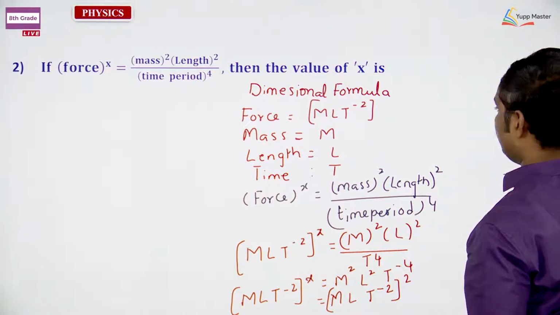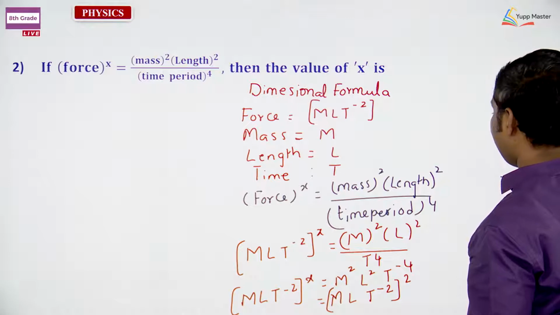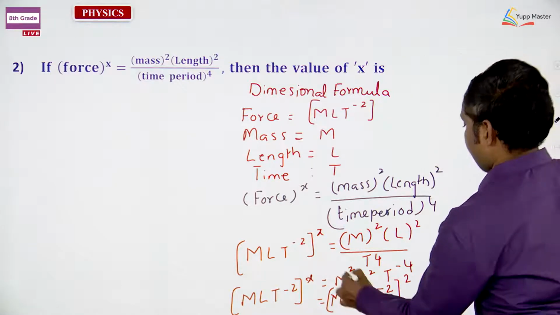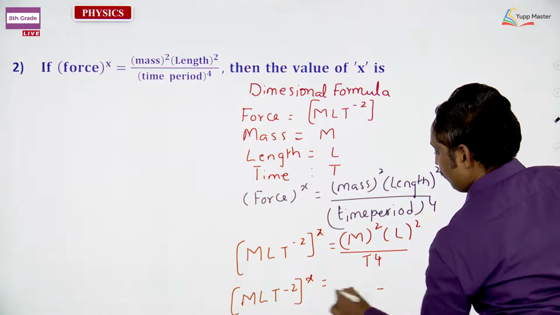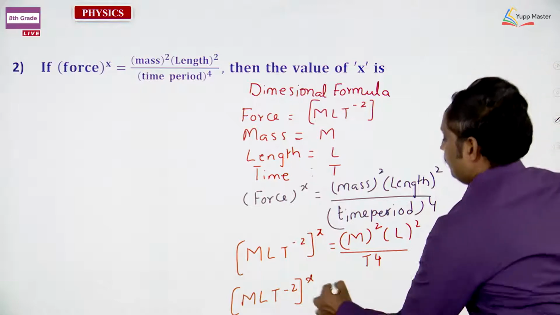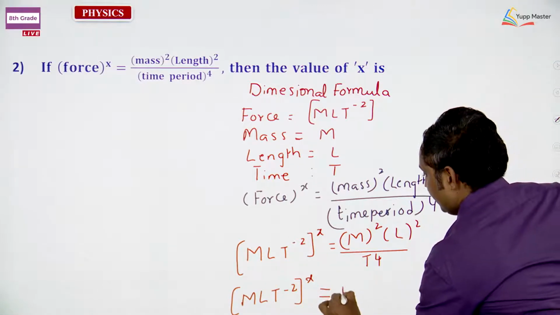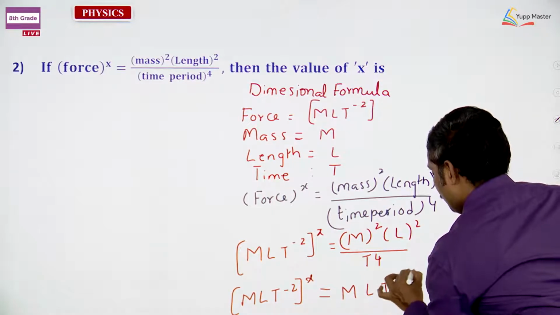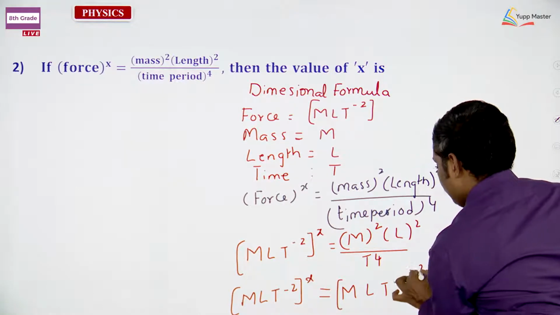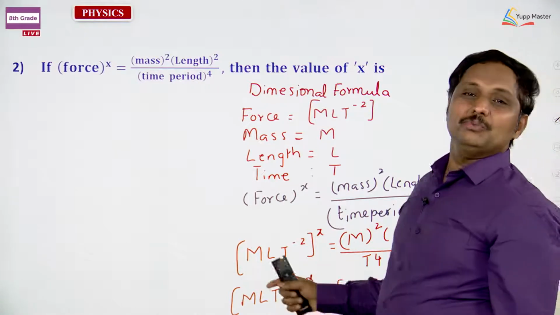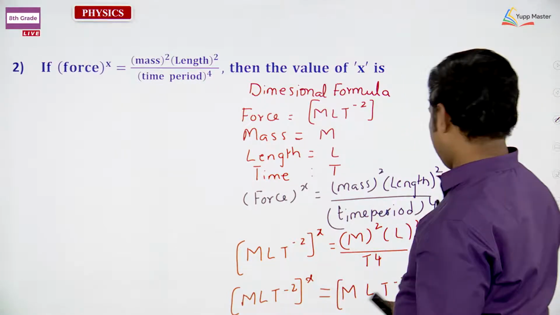So, we are going to get the equation. Yes, one more substitution we have written, that is m L t minus 2 whole power 2. They are related. So, the bases are going to be compared, then they are equal.